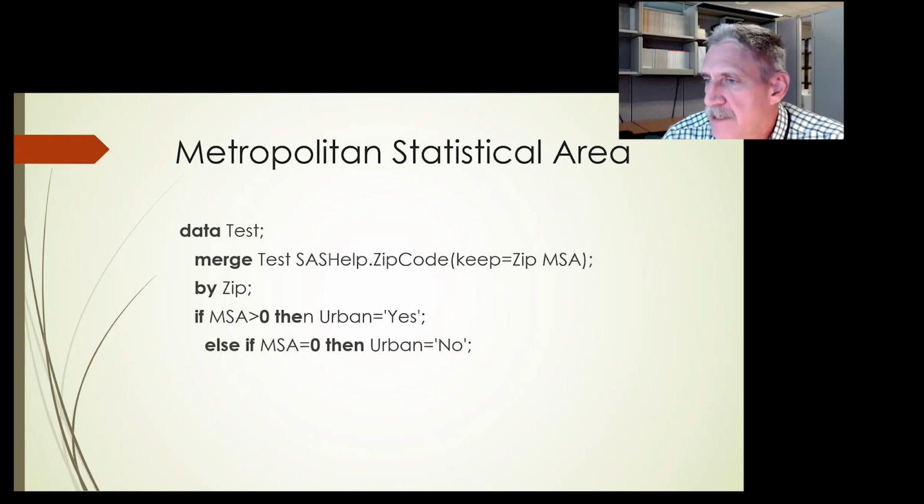It's easier just to use the metropolitan statistical area. We have the MSA because it comes in the SASHELP, just as well use it. Within that, if it's 0, that means it's a rural county. So all rural counties in the US, it doesn't matter where, are just automatically 0. Everything else has a number and tells you where they are.